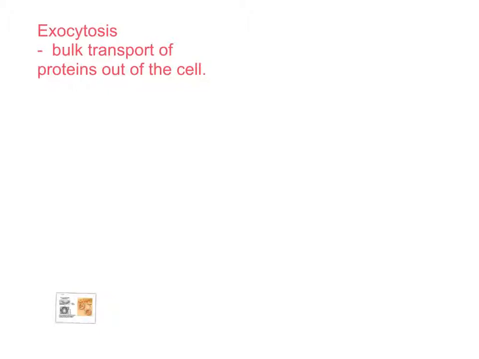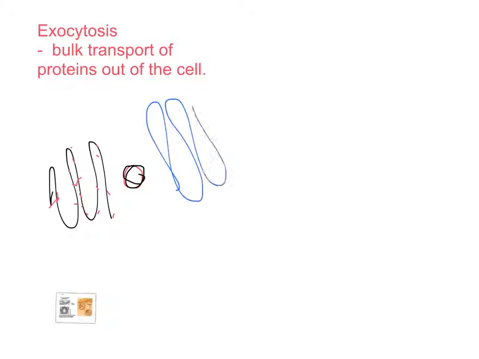The rough ER. So we're going to go from the rough ER with our studded ribosomes. Then to where? A little vesicle is going to come off there. Where's it going to go next? Going to go to the Golgi apparatus.